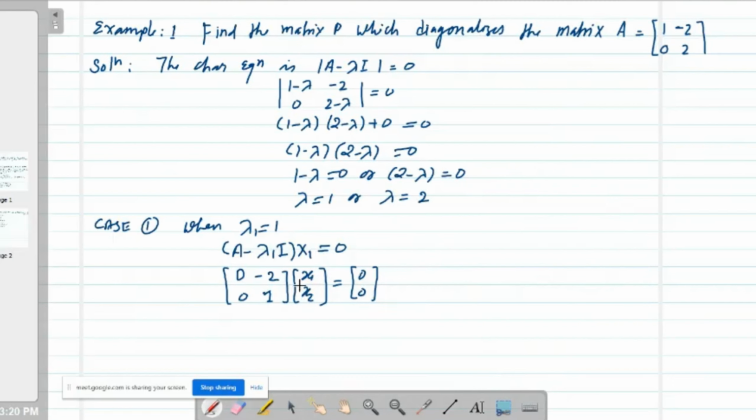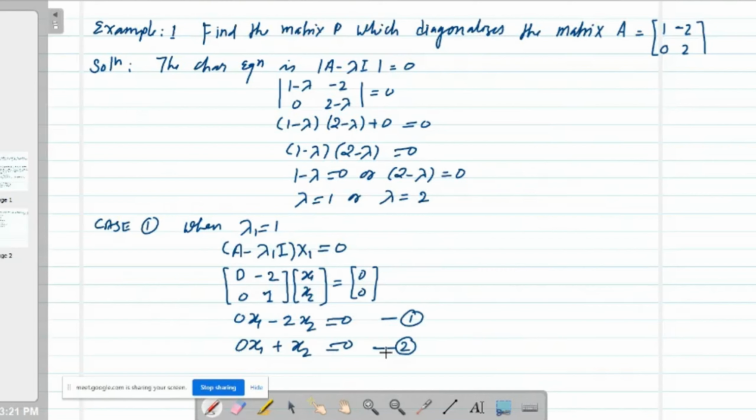Now multiply this. So you will get 0 times x1 minus 2 times x2, and this equal to 0. This is the first equation, and here 0 times x1 plus x2, and this equal to 0. This is equation number 2.